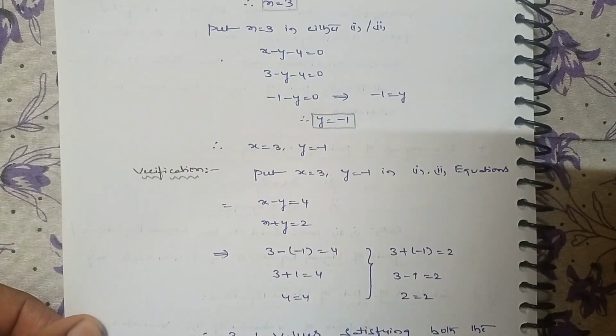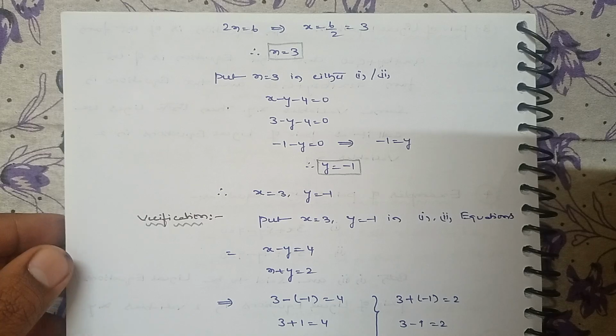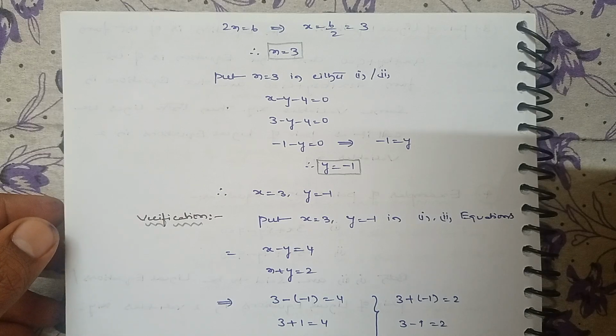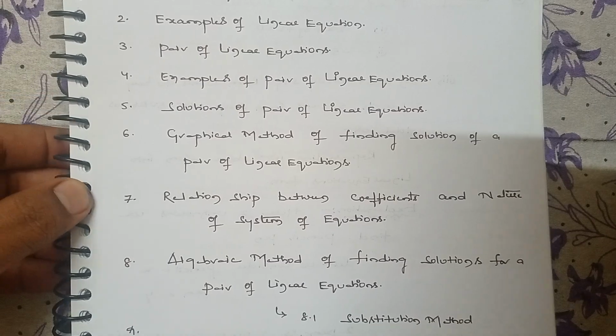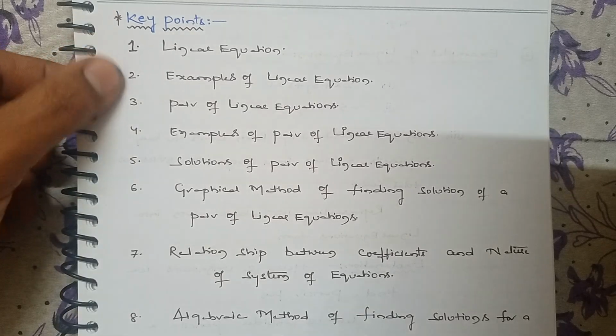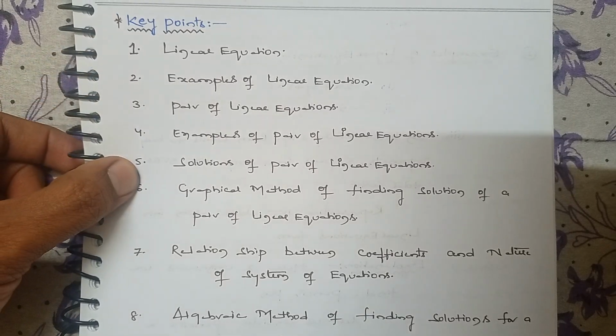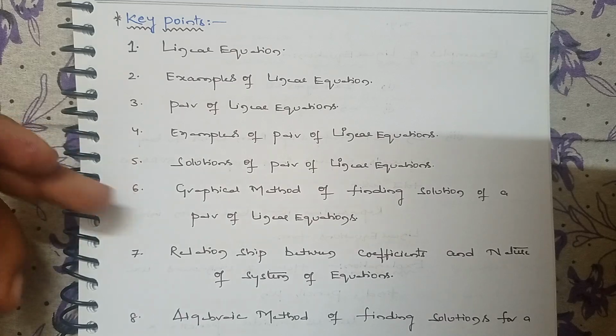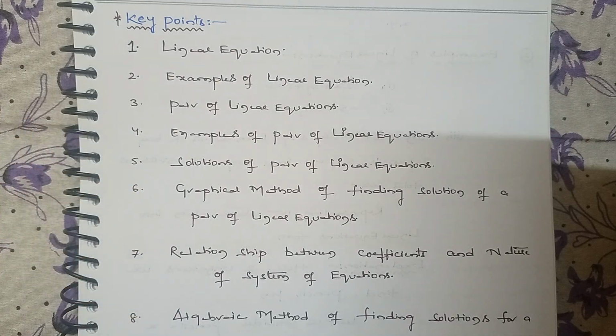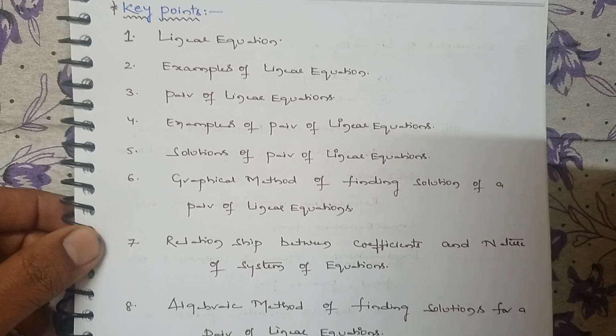Okay guys, I hope you understand these sums, these concepts. Students, I hope you understand points 1, 2, 3, 4, 5. Yes or no? The remaining 6, 7, 8, 9 we'll discuss in the next video.